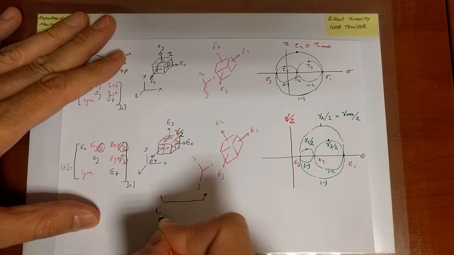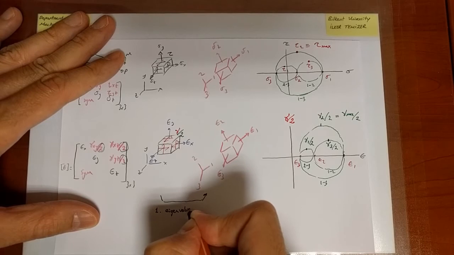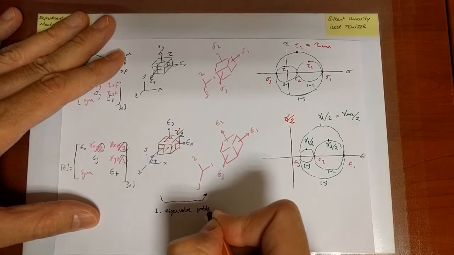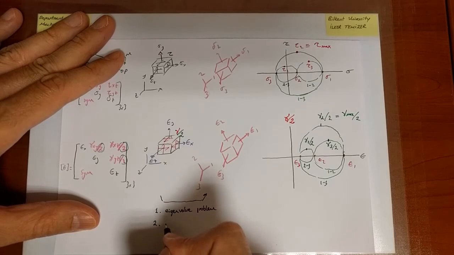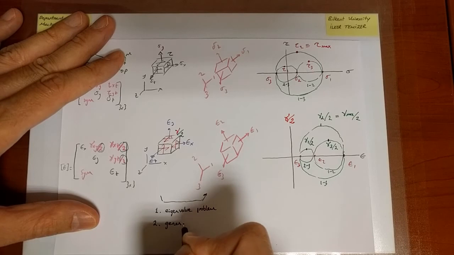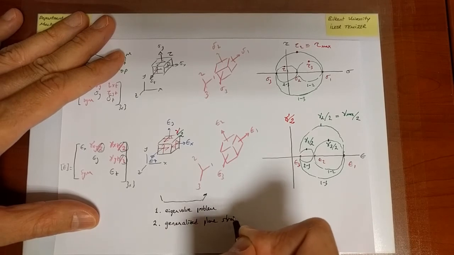So 1, you could certainly have an eigenvalue problem formulation, but 2, you can also describe the transformation through a state of generalized plane, not stress in this case, but plane strain.